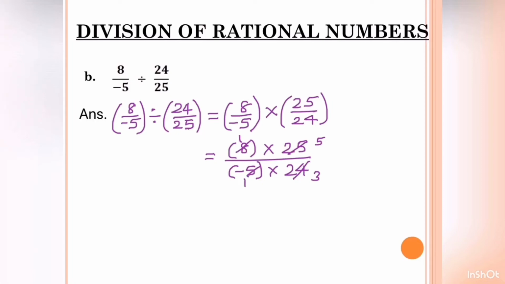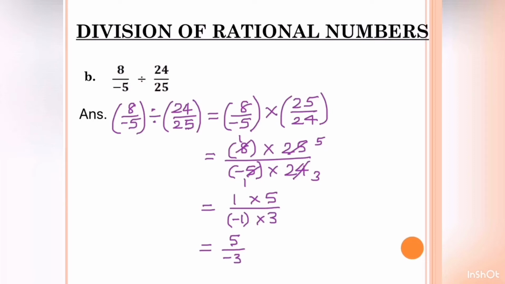Now we are left with 1 times 5 in the numerator by minus 1 times 3 in the denominator. 1 times 5 is 5 by minus 1 times 3 is minus 3.